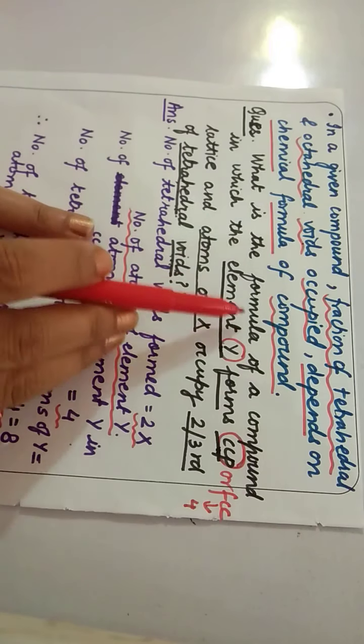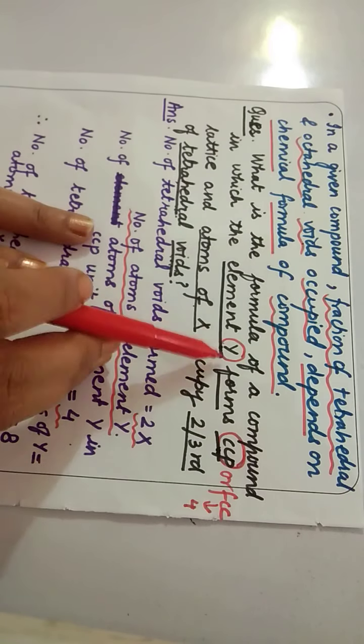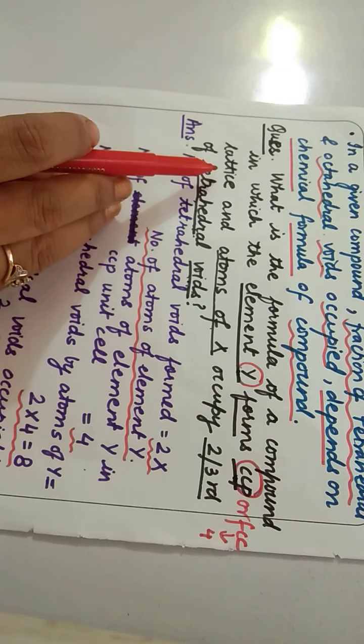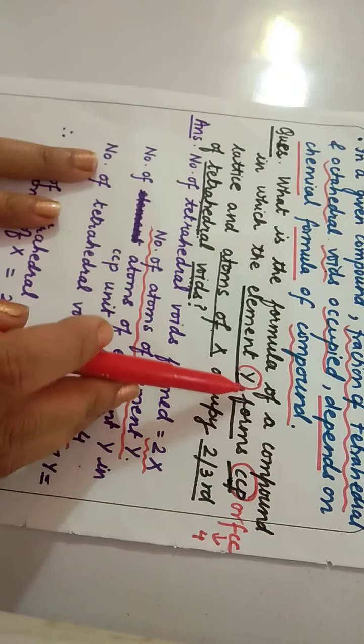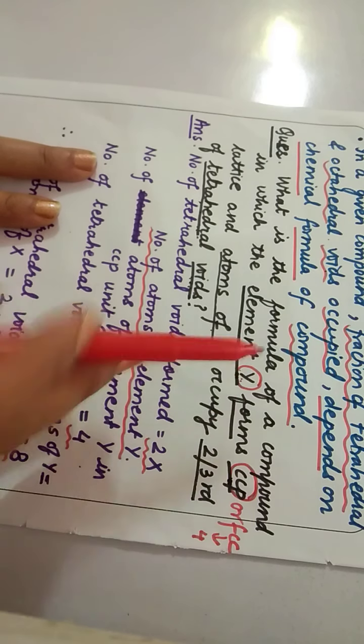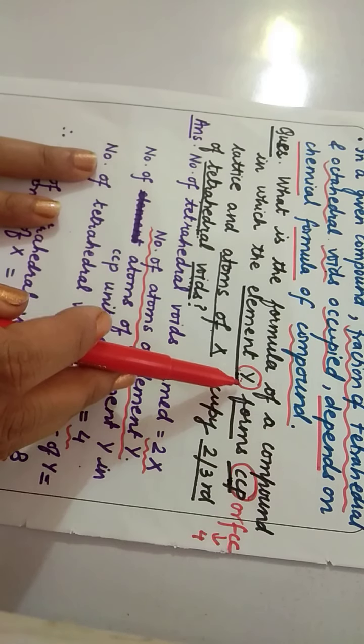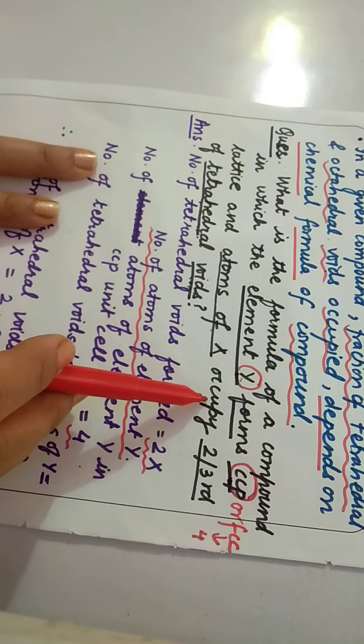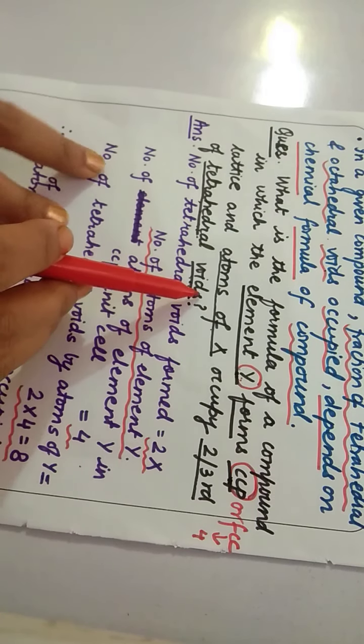So, what is the formula of a compound in which element Y forms a CCP lattice, and atoms of X occupy 2/3 of the tetrahedral voids?